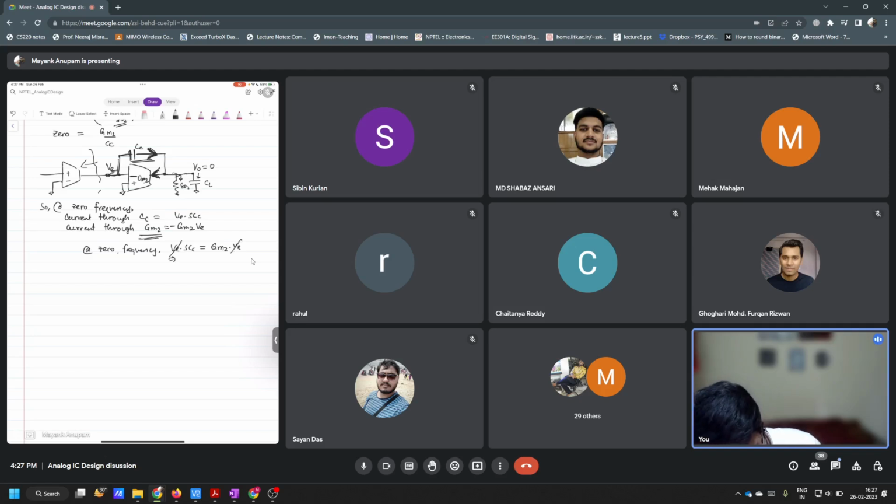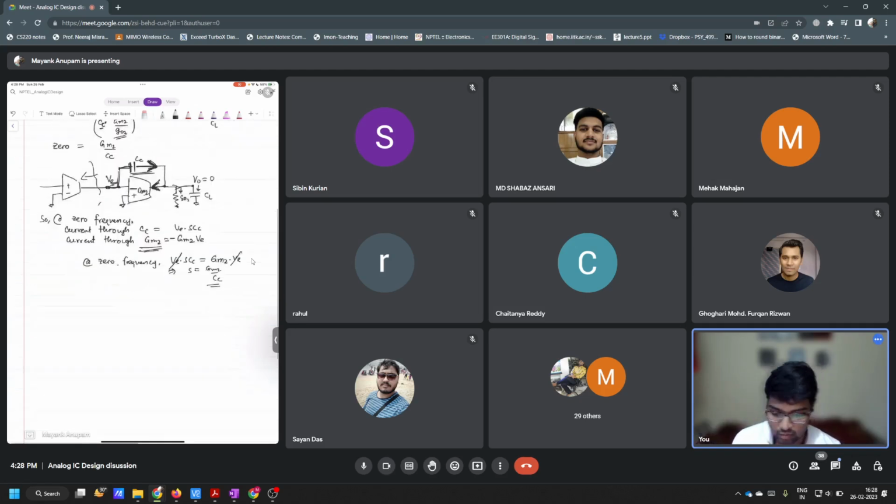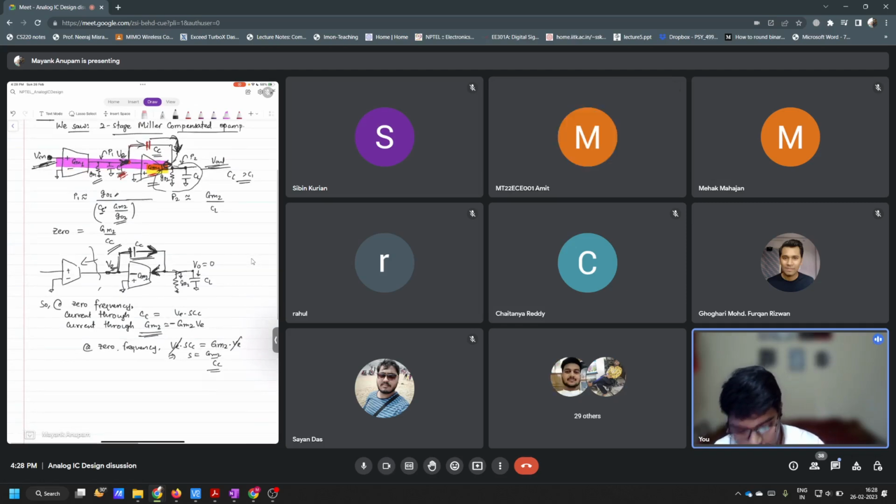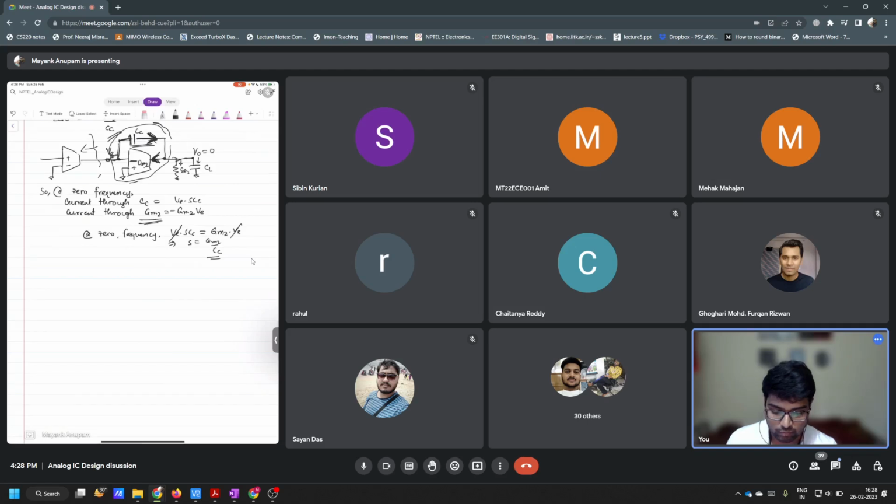From here we find S is equal to GM2 by CC. This is the location of zero. Some of you told me earlier also, this is GM2 by CC. We can visualize the location of zero in this manner, that the current here is completely encircling inside this transconductor.